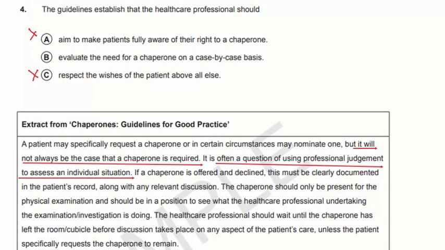So this gives the same meaning as option B here, which is to evaluate the need for a chaperone on a case-by-case basis. So this is the right answer.